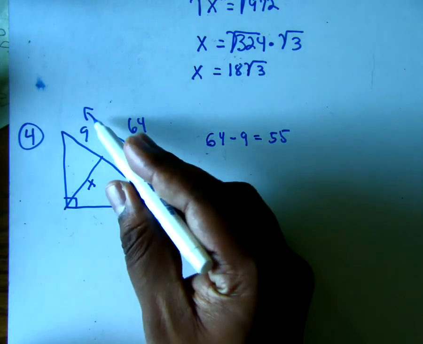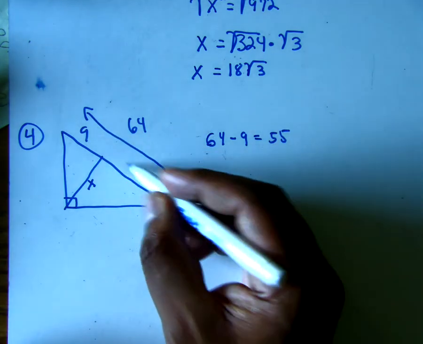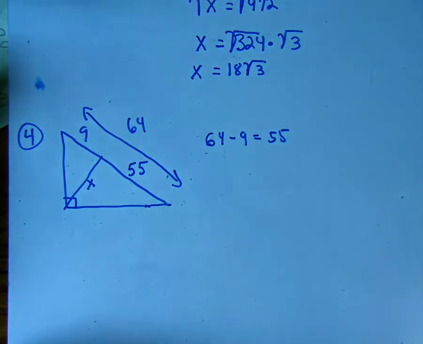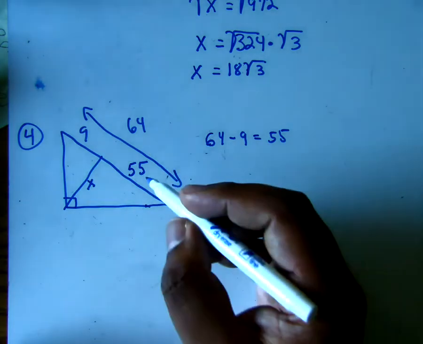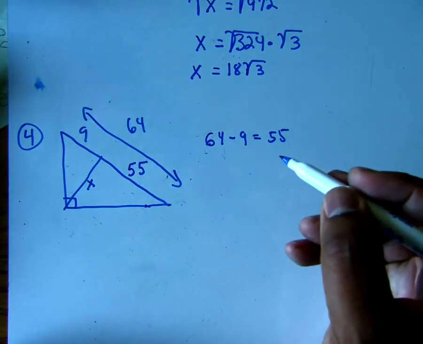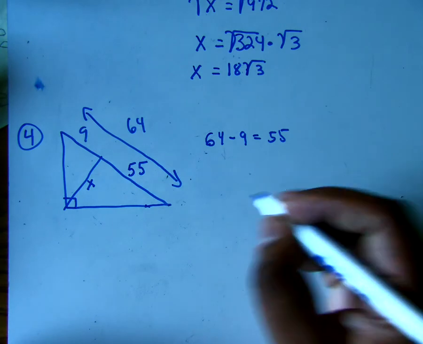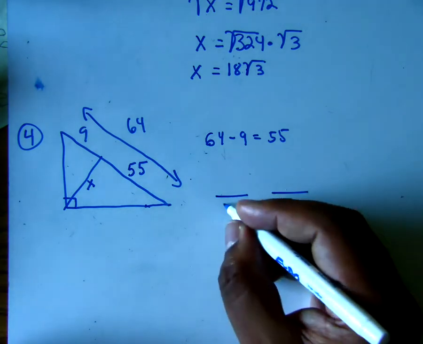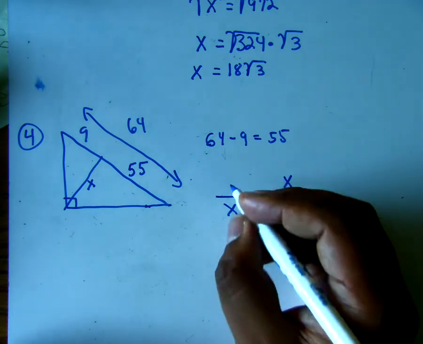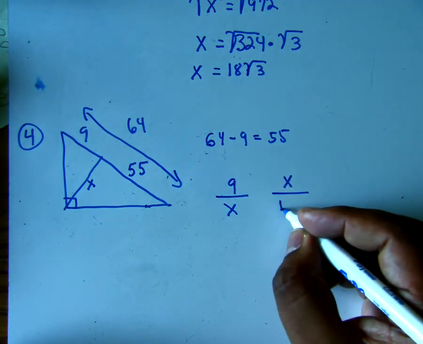So taking the 9 off of this shows that the value right here is 55. 9 and 55, 64. So now that we have the right pieces to the hypotenuse, we can go ahead and work the altitude rule. And the altitude being x will go in the denominator and the numerator, leaving our other two pieces to fill in the rest.